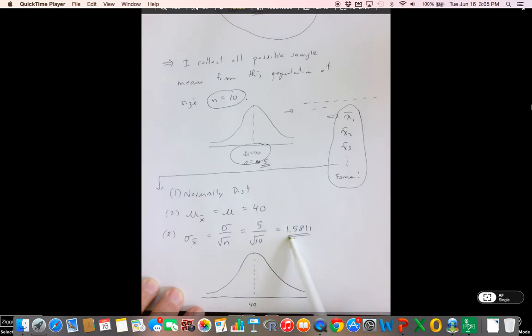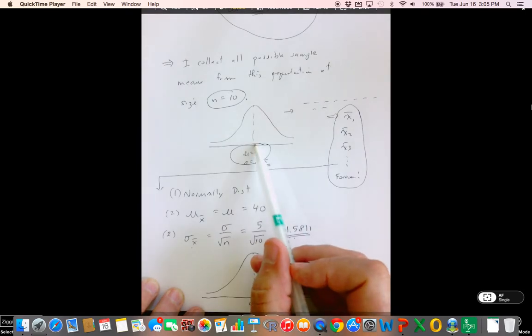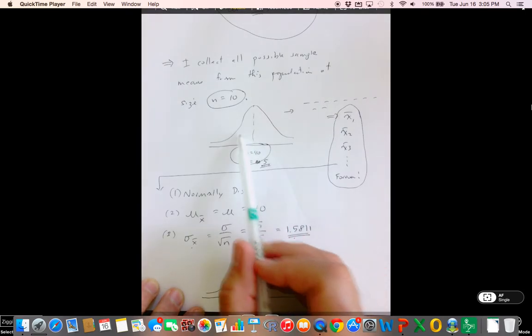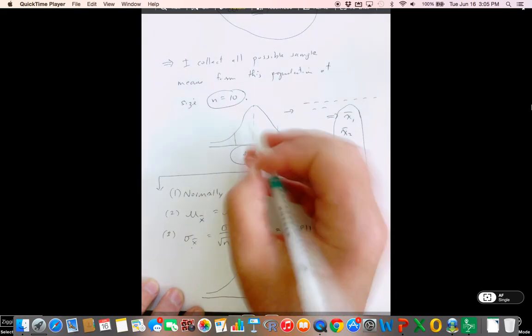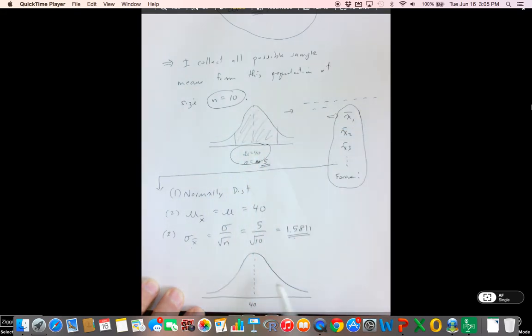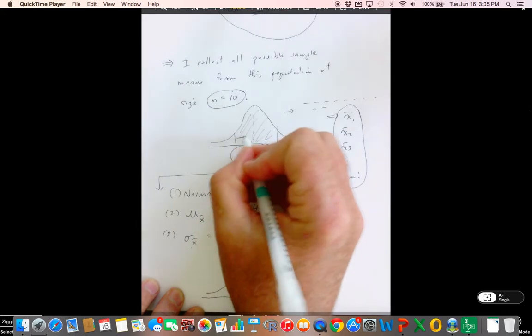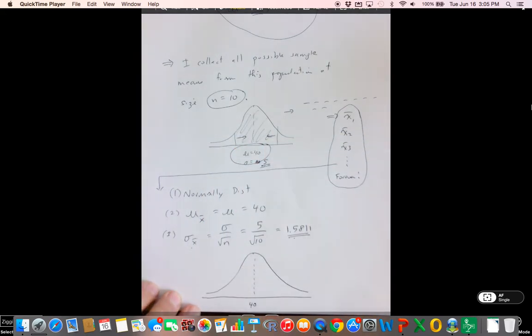The reason being is when we collect measurements from this distribution, we've got a very much a likelihood of getting something around the mean. So we're going to restrict the variance on our sampling distribution because most of our measurements are centrally located around the mean.